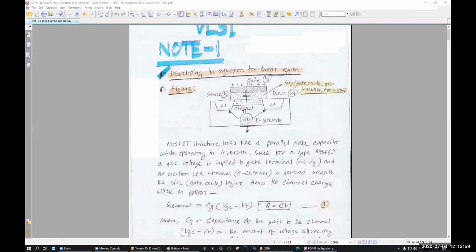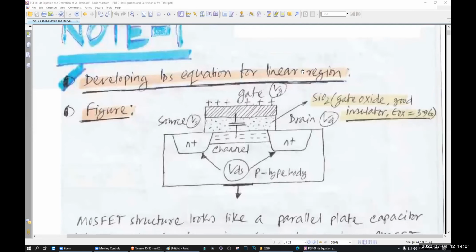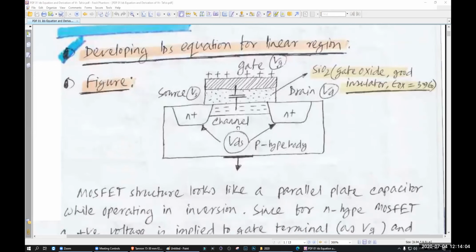But before that, let's see the structure first. Here, this is a structure of your normal MOSFET. And this is the source. This is the drain. Okay, let me draw something. This is the source. This is the drain.